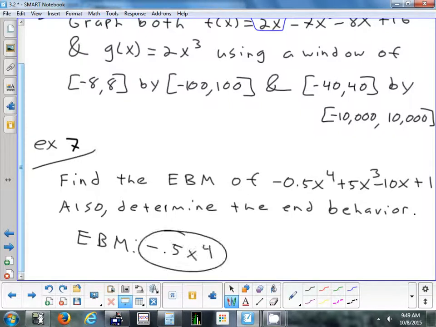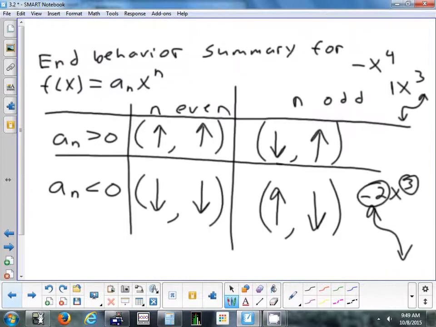If I want a big picture idea of what's happening, graph that and it'll tell you. Okay, and what would the behavior be? It'd be up, up, down, down, one of each. Even exponent, negative, down, down.